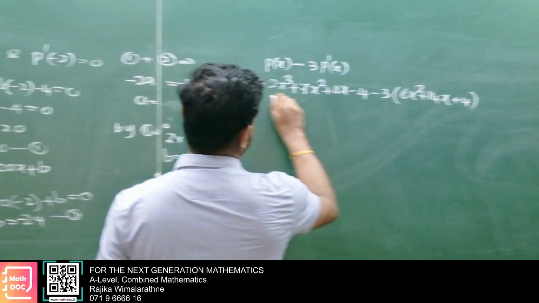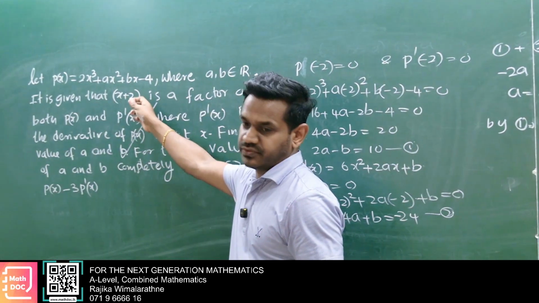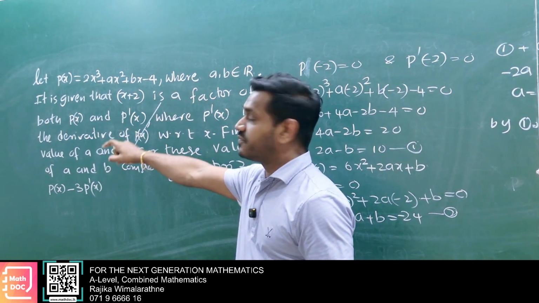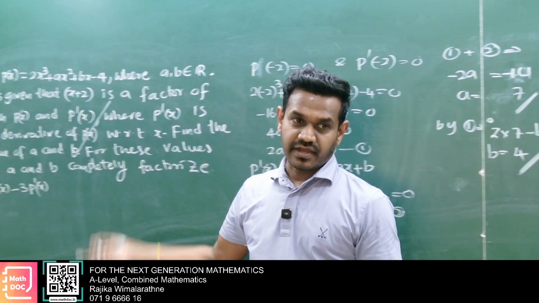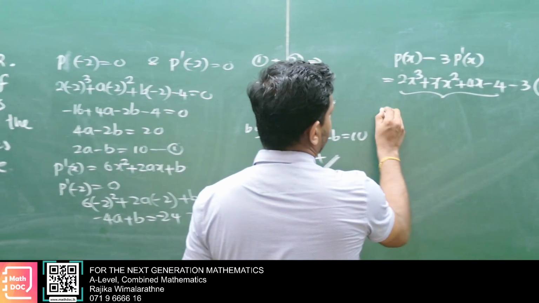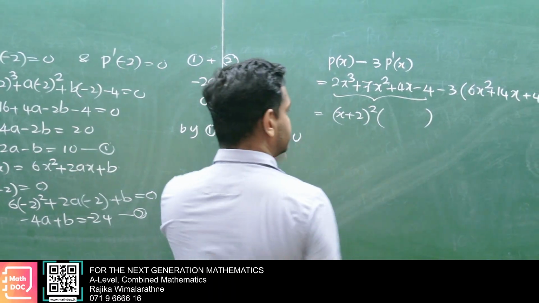Now both P(x) and P'(x) have the factor x + 2. So if x + 2 is a factor of P(x) and P'(x), definitely (x + 2)² will be a factor of P(x), no? Then you say (x + 2)² times another function.